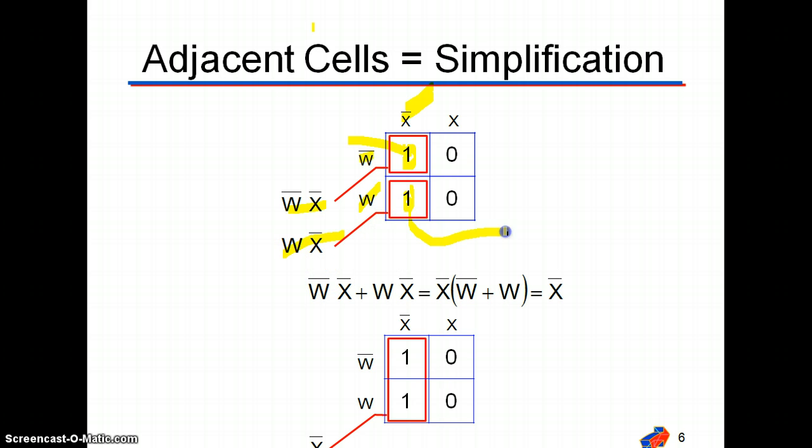So this cell can be written as W X bar, whose value is 1 because it's present in the equation, whichever equation we are considering.